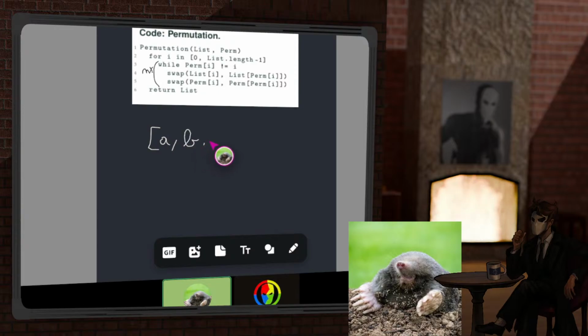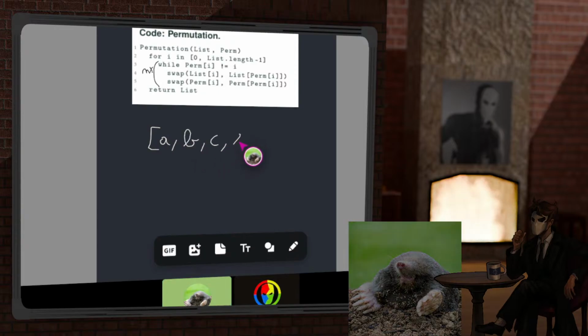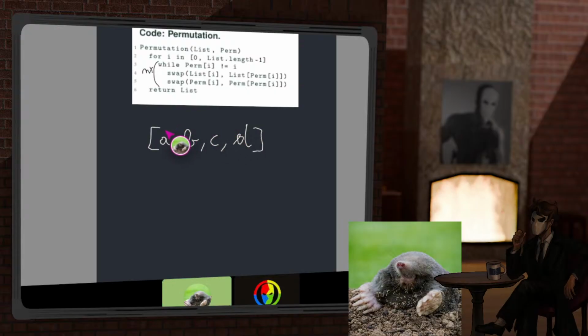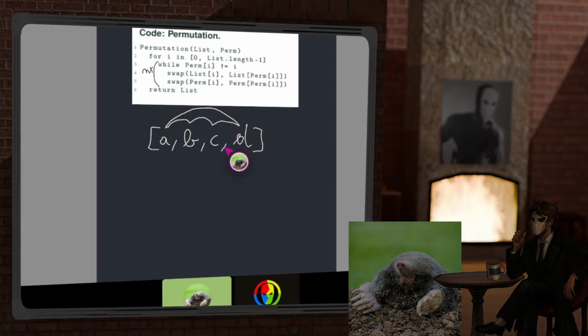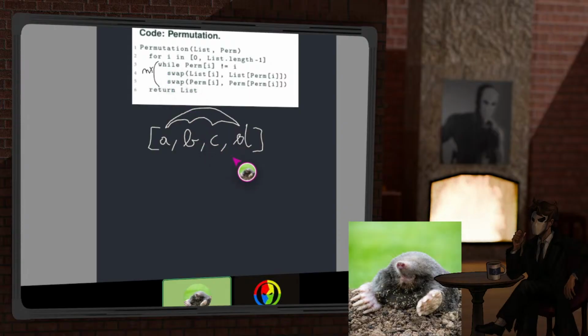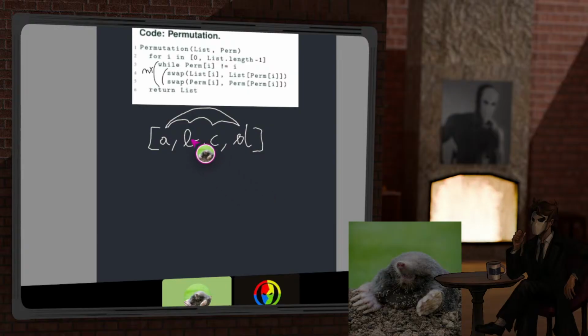If we have our input list and we have some cycle, let's do just this. The inner loop with the swaps is going to swap the A to its place.